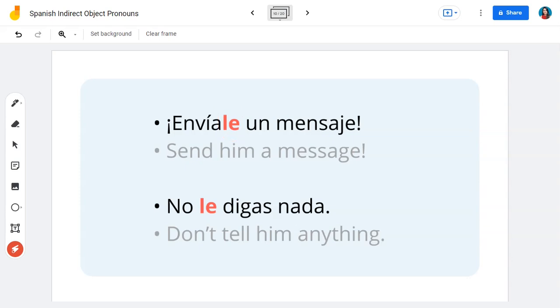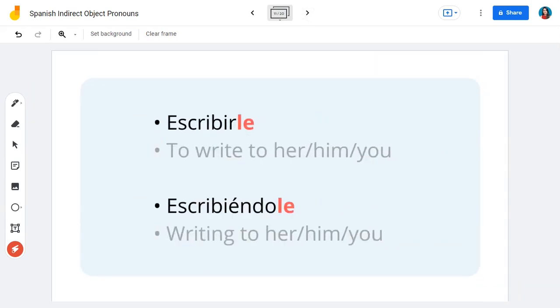Now, if you're giving an order, but this order is negative, you put it before the verb, all right? So just remember that for positive orders, attach it to the end of the verb. Attach it to the end of the verb also in infinitives and gerunds. Okay, what is an infinitive? It's a verb that is found in its original form in Spanish.